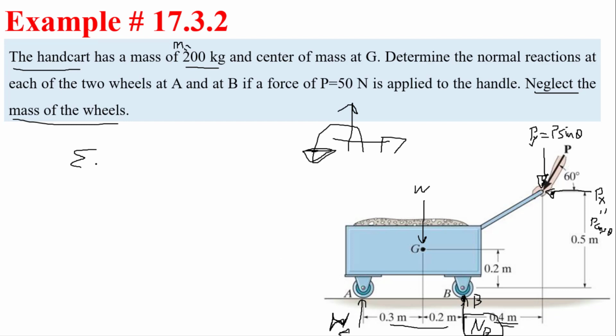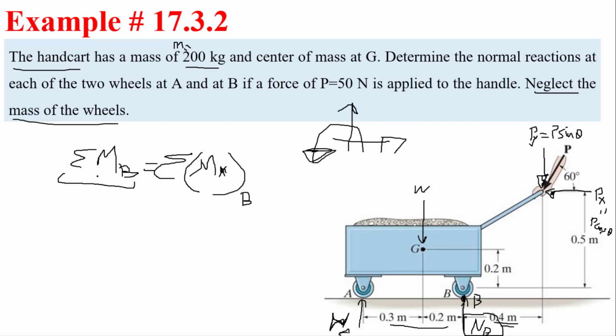I'll write summation of moment about any point other than the centroid, and this is equal to summation of moment due to kinetics about B. As I said earlier, this side of the equation refers to any external force.